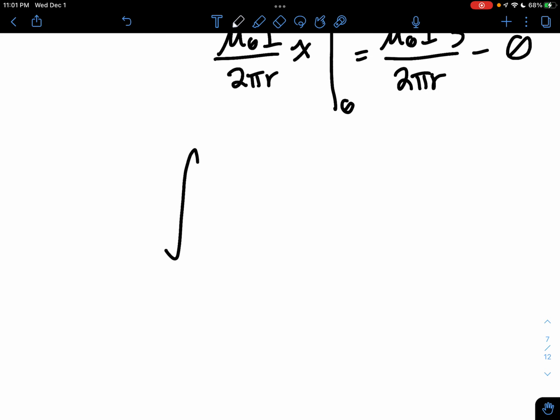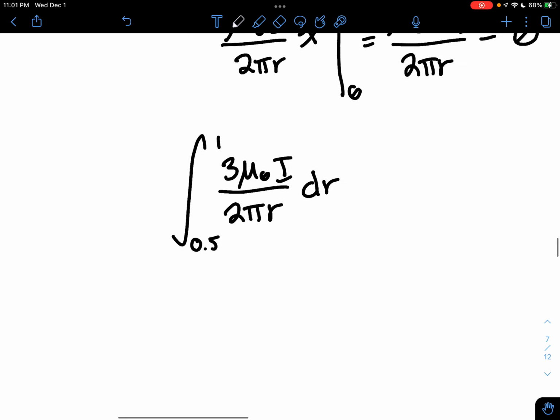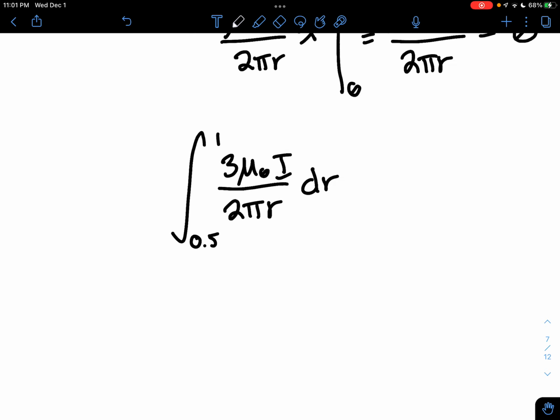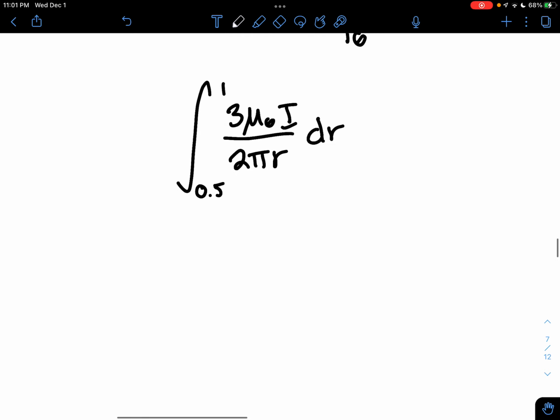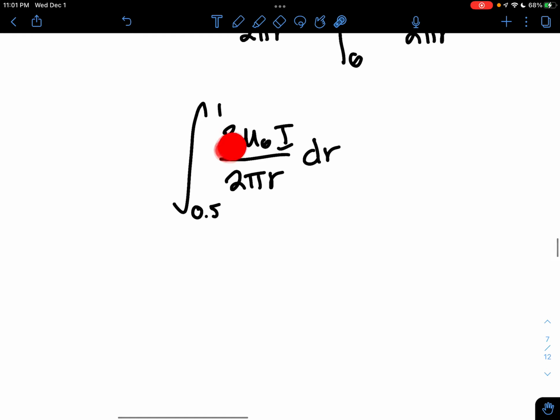So we're integrating from 0.5 to 1 of, I'll just say, 3 mu naught I over 2 pi r dr. Now this looks pretty confusing, but most of it's just going to be constants that we can pull out of our integral, right? So 3 is a constant, obviously.